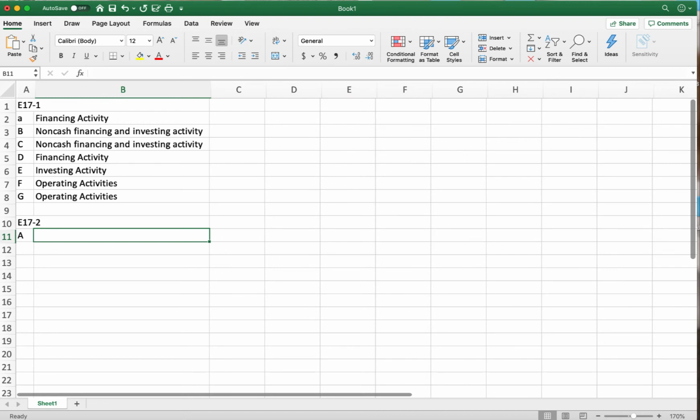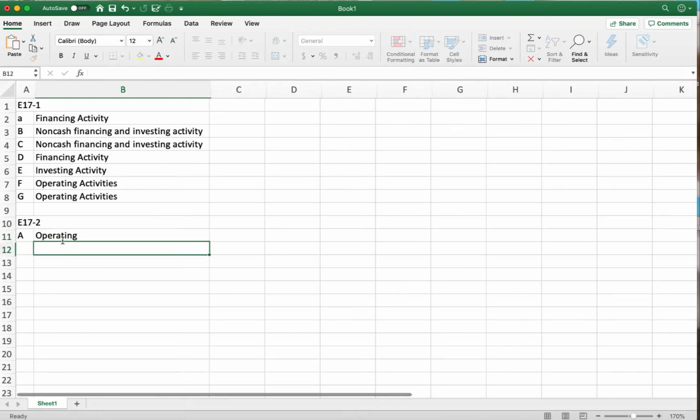Since we're just paying the interest, that is going to be an operating activity. So it's going to be an operating activity. I'm just going to type in operating for simplicity purposes.